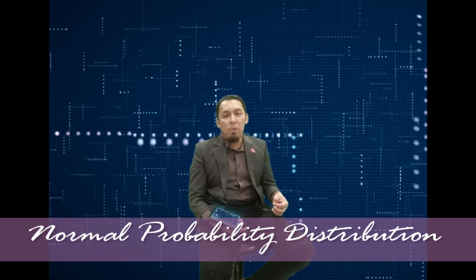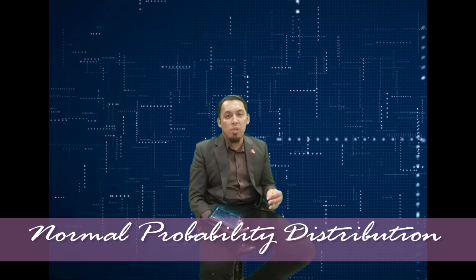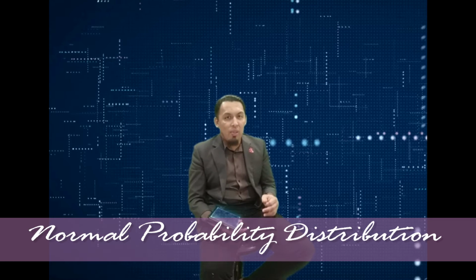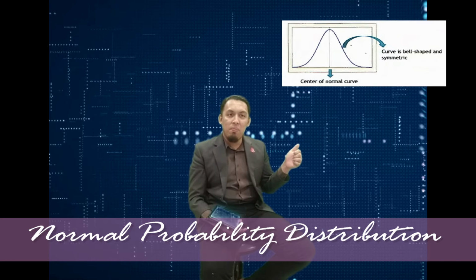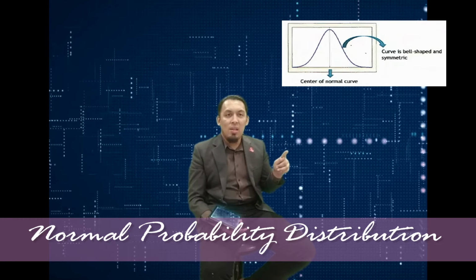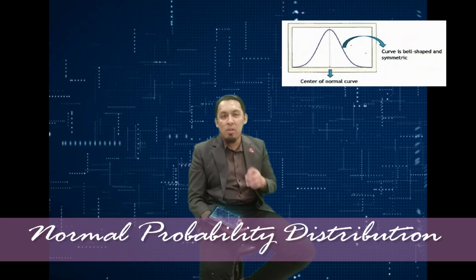It is often used, and moreover it plays an important role in methods of inferential statistics, which will be discussed in chapter 3. If a continuous random variable has a probability distribution with a graph that is symmetric or bell-shaped, then the distribution of the random variable is called normal distribution.